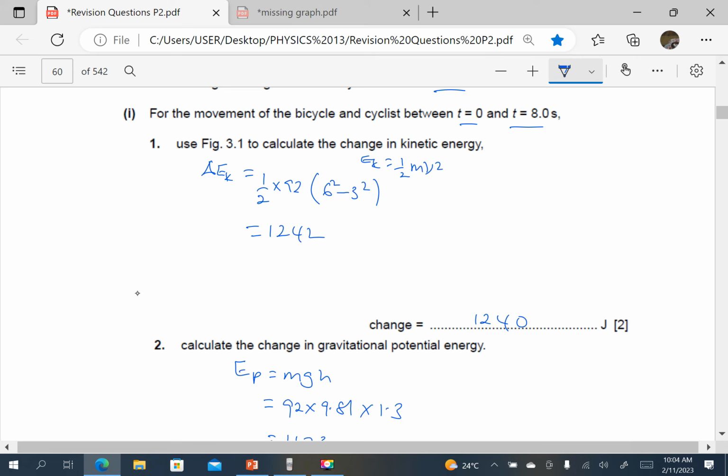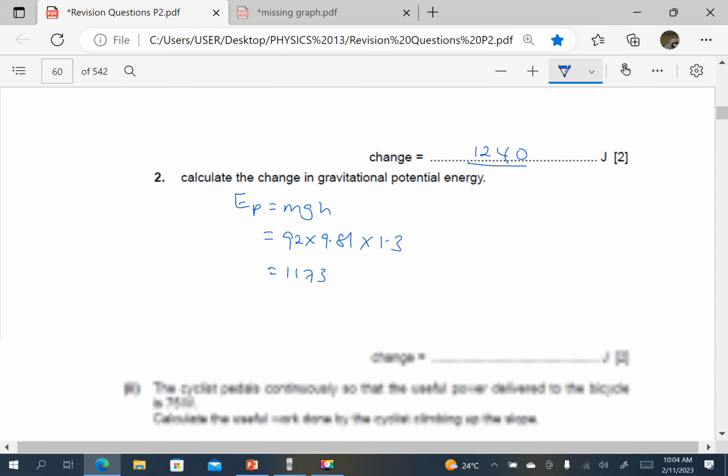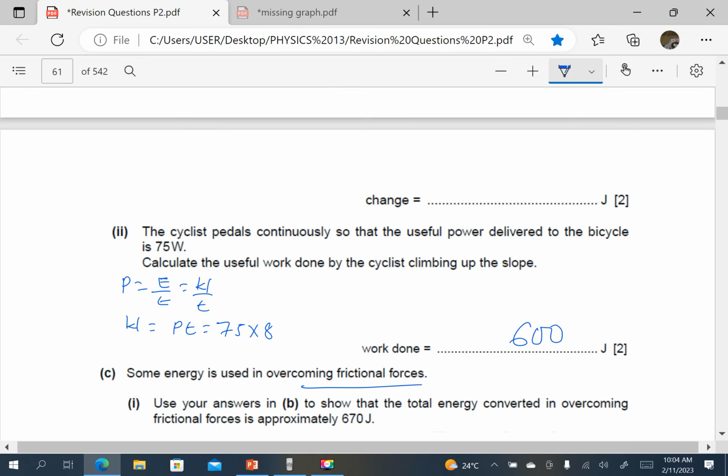The question is telling us to use the answers in B to show that the total energy converted in overcoming frictional force is going to be equal to 670 joules.